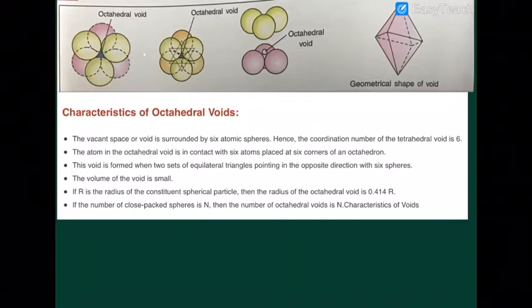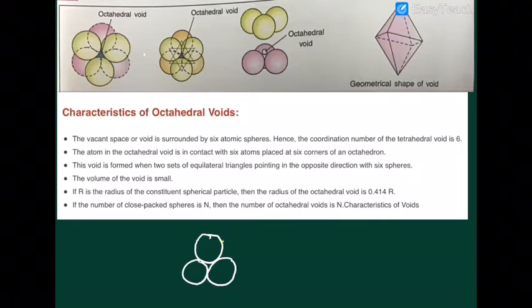So there will be 3 atoms around that. You can see here 1, 2 and 3. And now there will be 3 atoms below it, in the plane below.